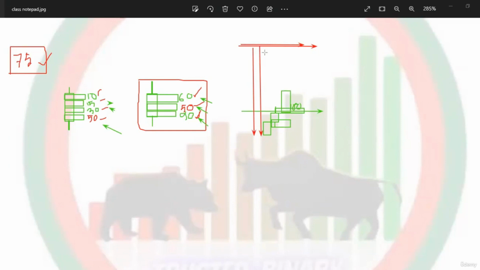But after breakout, if this candlestick closes below any resistance level, that means seller's area. And volume is high at that area. That means it's a stop bar.